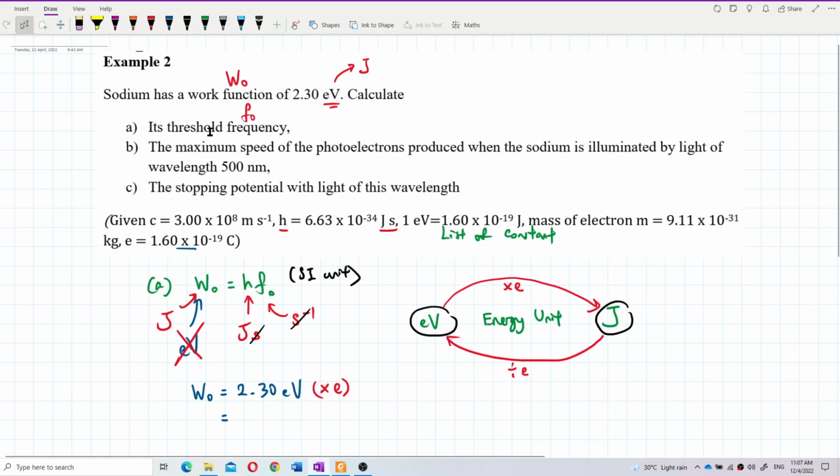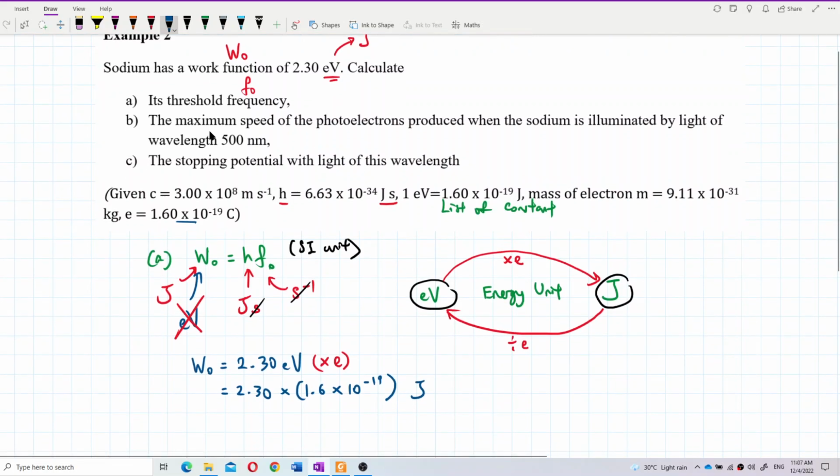So 2.3 multiply 1.6 exponent negative 19. Let me write it down: 2.3 multiply by 1.6 exponent negative 19. Then only you get unit joule. Understand? This is the electron charge. So what's the answer?